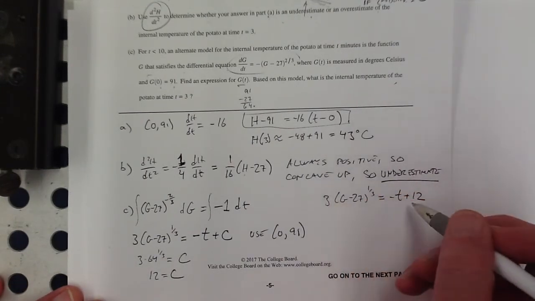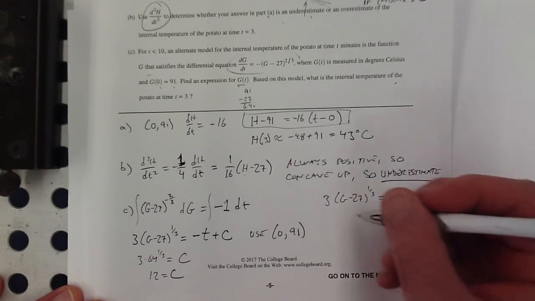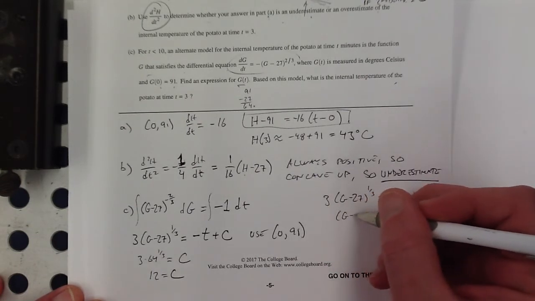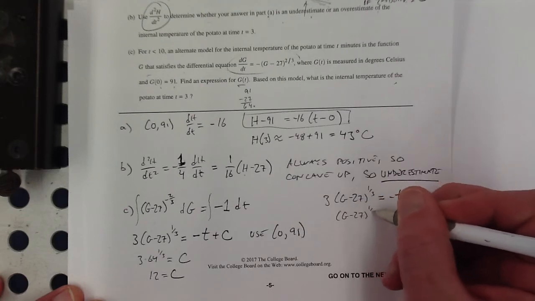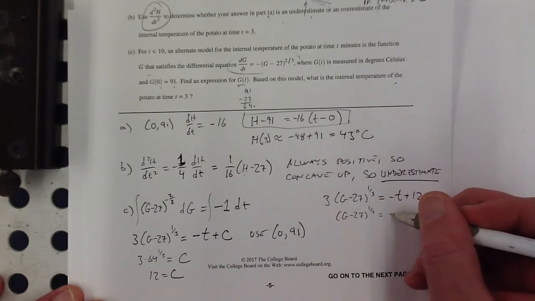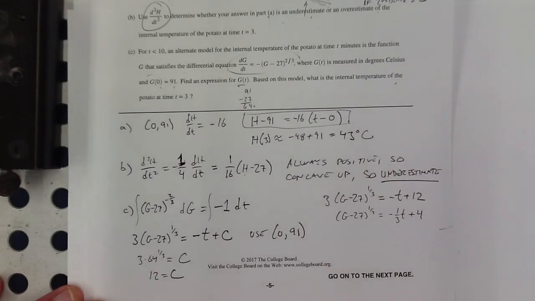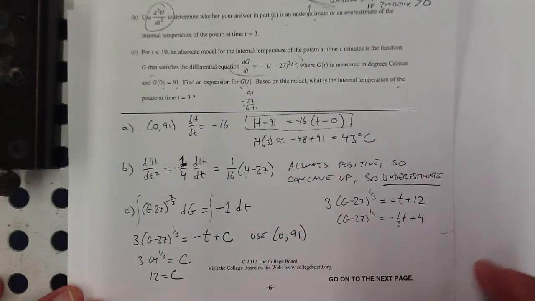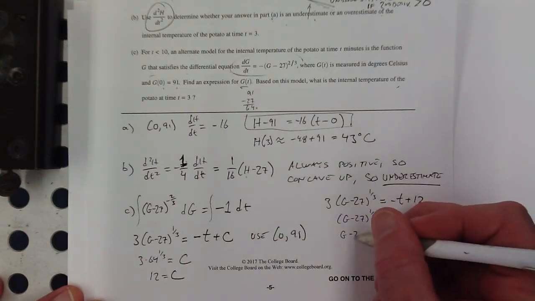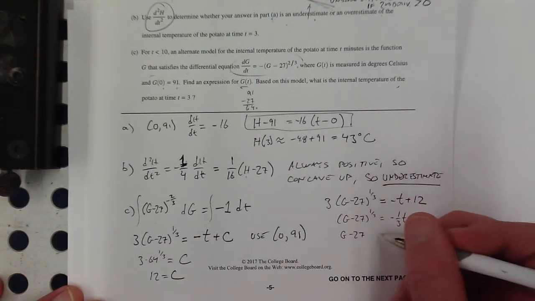So I'm going to divide both sides by 3, and then I'm going to cube both sides to get rid of that.